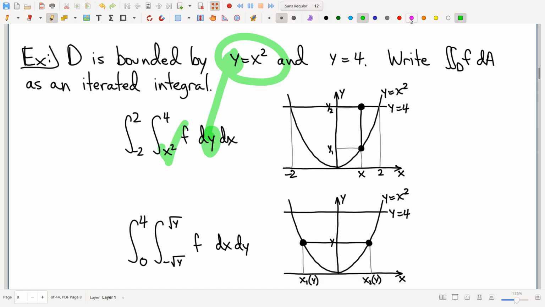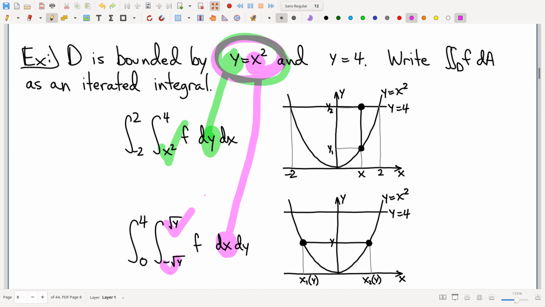Whereas, on the other hand, if I put x on the inside, I would need to solve for x in that equation, and that's why I get these square roots, which I don't like.